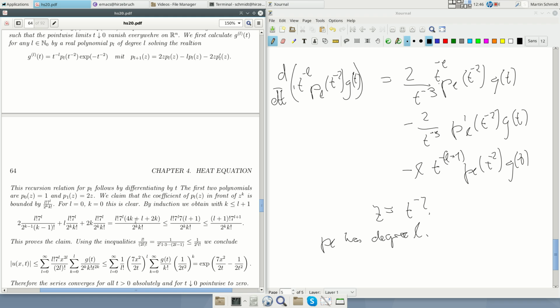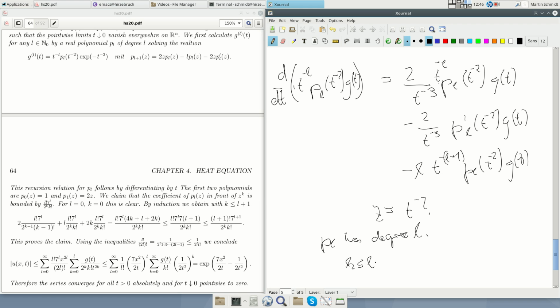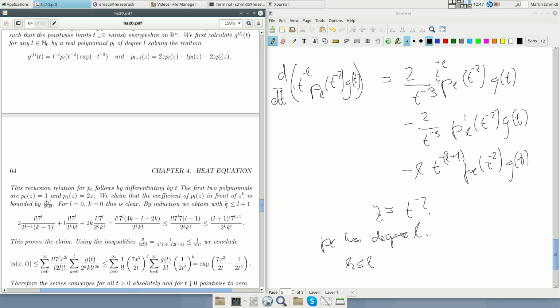And now we use that k is smaller or equal to L, since PL has degree L. So the only powers showing up in PL are z to the power of k, where k is smaller or equal to L. Now by the induction, for L plus 1, k is then at most L plus 1.